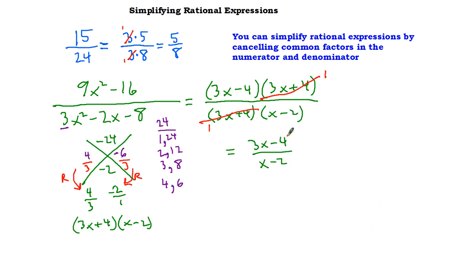And it might be tempting to cancel this 4 with this 2, but we cannot, because this 4 is a term in this polynomial 3x plus negative 4, and we can't cancel the 2 because it's a term in the polynomial x plus negative 2. So the best we can do is this. And the good news is our best is good enough. And in the case of simplifying rational expressions, we've done what we wanted to do. We canceled common factors.